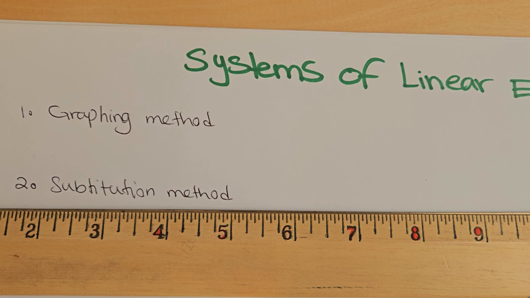We solve it, and it gives us the x coordinate of where the intersection happens. After that, we plug it into either of the original equations, and it gives us the y coordinate. We will do an example of each of these, but right now I just want to explain the concept behind each of these methods.